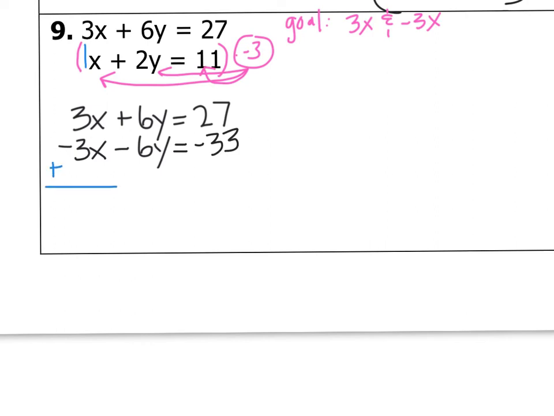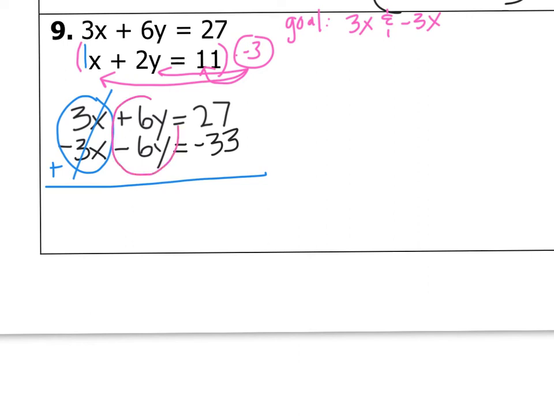Now I get to add. My goal originally was to get 3x and negative 3x so my x's would cancel, and it looks like I've been successful. 3x and negative 3x cancel. But look what's happened here. I've also, without trying to, canceled out my y's.